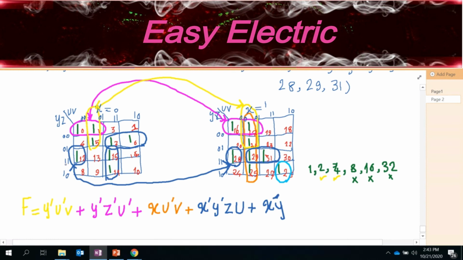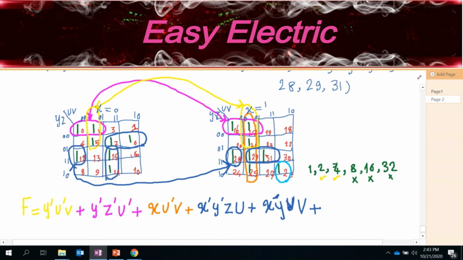I'm in 15 and 11, so x prime, y with no prime, and z is gone. U and v are both 1, so it should be u and it should be v. So we are done with this.